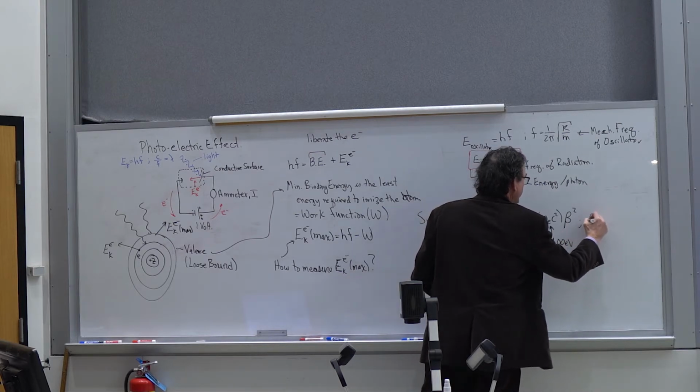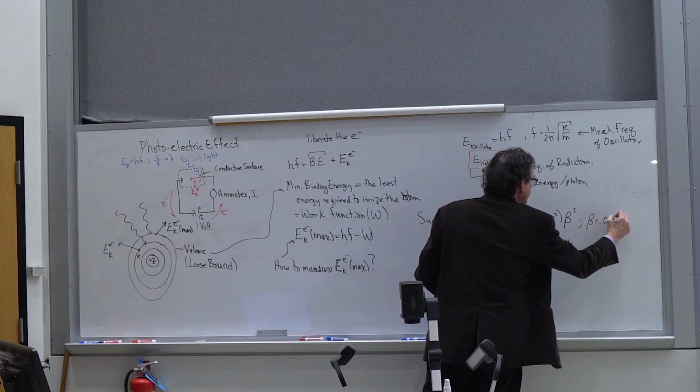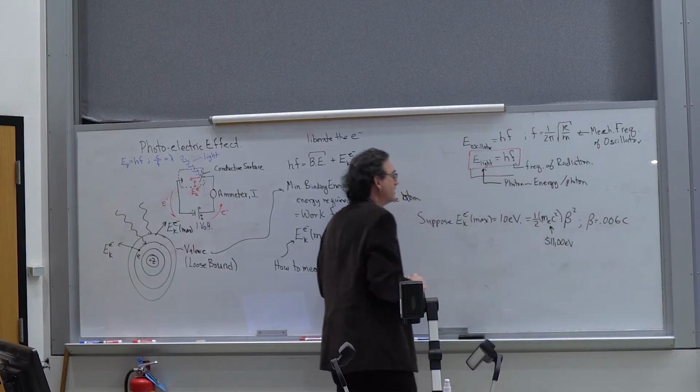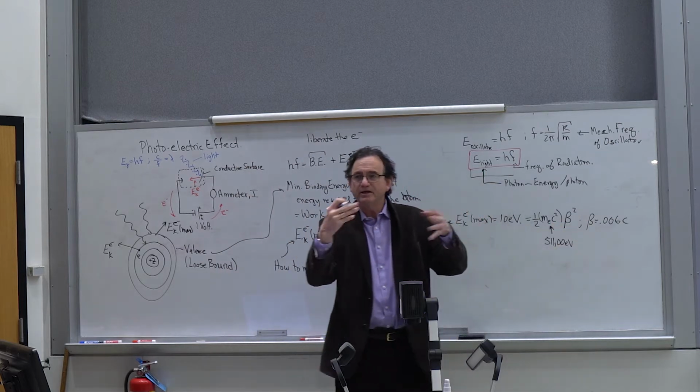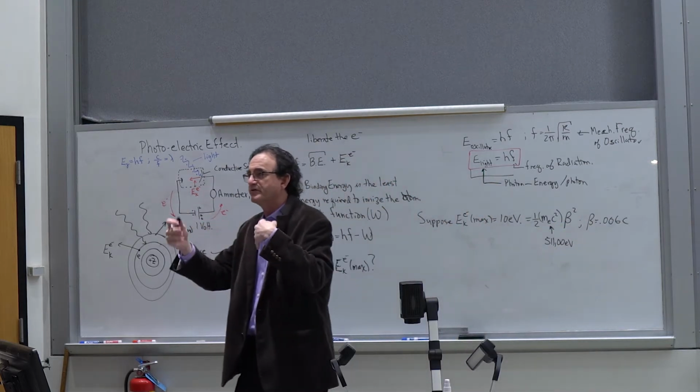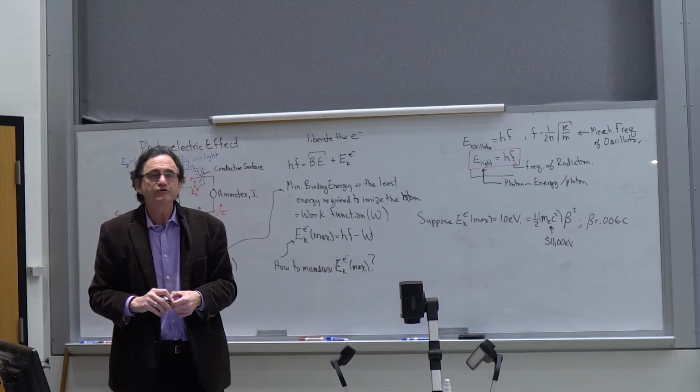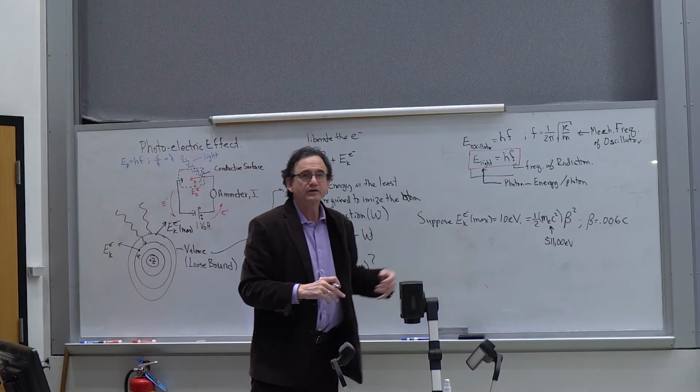And so it turns out that beta is equal to 0.006 times c. Right? I can solve that, put in the numbers. Anyway, just something to refresh your memory of kinematics, right? The energy in electron volts can be converted to a velocity.